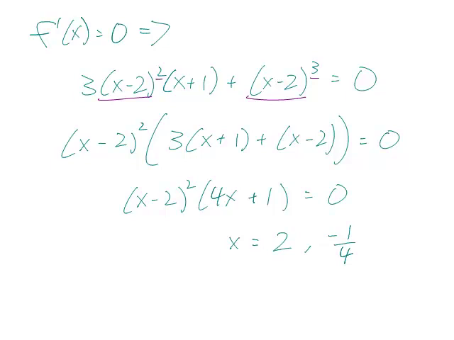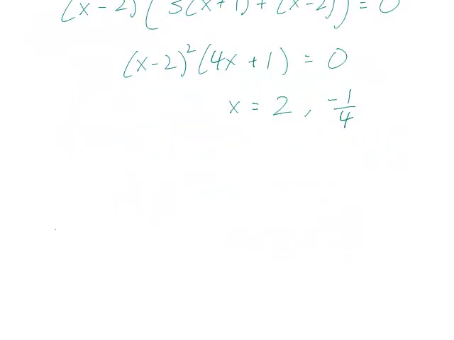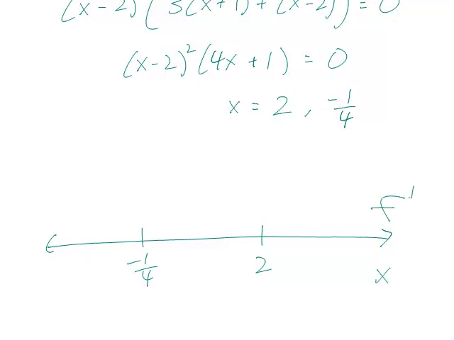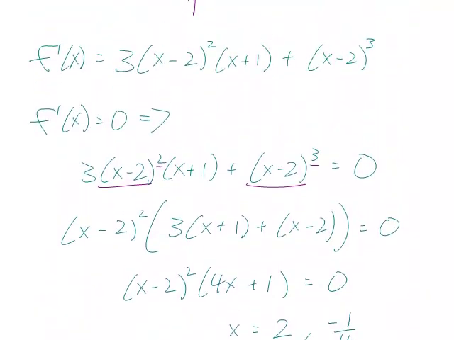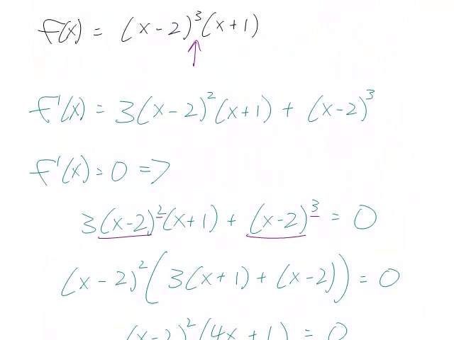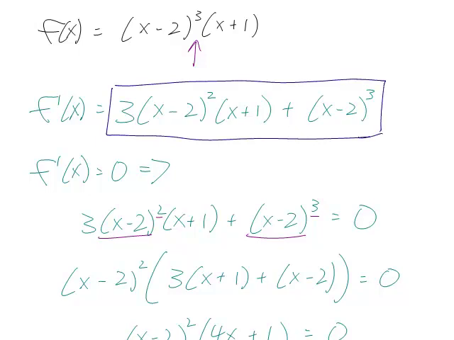Once we have this, we want to do our little sign chart as usual: x and f prime. We want to plug in values from the intervals determined by the critical points into f prime to see if f prime is positive or negative. In turn, that will tell us whether f is increasing or decreasing. It's probably not a good idea to plug into the whole f prime of x, because there's a lot going on in there.